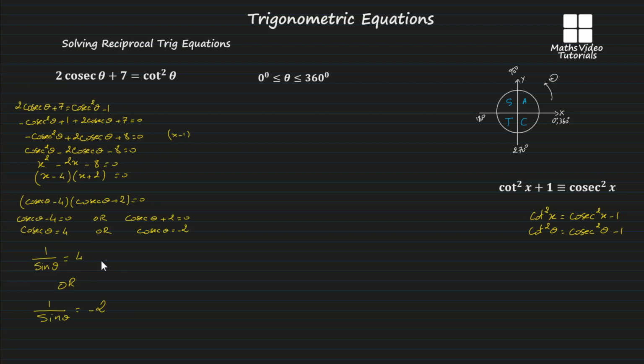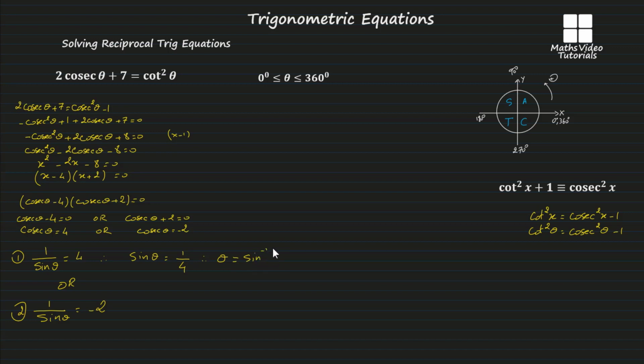So let's call them, this is number 1. This is number 2. For the first equation, number 1, I get sine theta is equal to 1 over 4. That means the angle theta will be calculated using the inverse sine function.